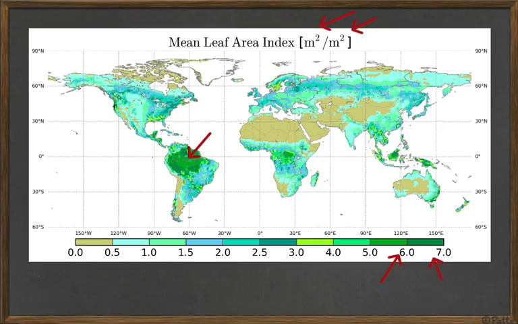So if you cut out the trees, we are going to have 6 or 7 times less transpiration. That means 6 or 7 times less evaporation, less clouds formed, less rain. So if we cut the Amazon, we are going to have less rain.